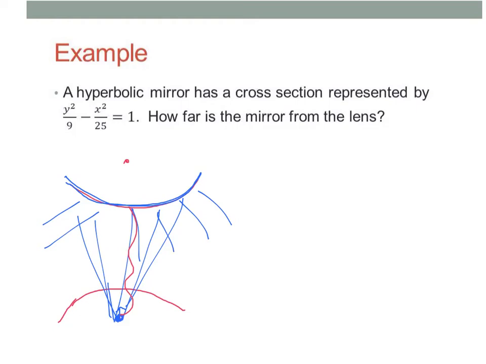Well, at the moment we're still centered at 0, 0. And I know from my equation that A is 3 and B is 5. So from the center to my vertex, I know that is 3, and this one up here would be 3.